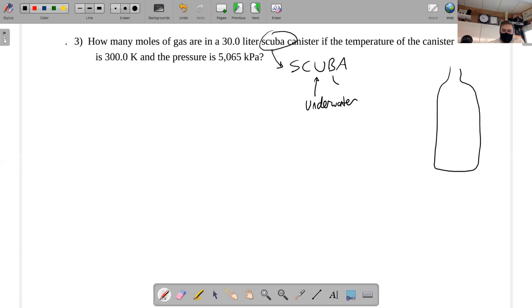Breathing. A is for apparatus. And it's all together in one thing. Self-contained. Somebody's got that Google. It's okay. I mean, if you know, you know. Self-contained underwater breathing apparatus.